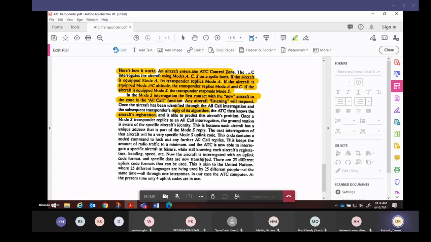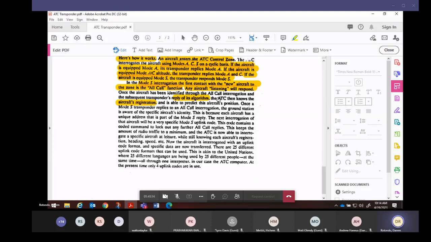Okay. And so the ATC then knows the mode S transponder it replies to, because it replied to the all call interrogation. So your ground station air traffic control is now fully aware of your aircraft's identity without ever having to talk to you about putting a code into your transponder.